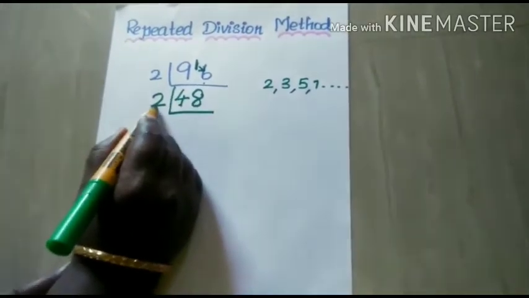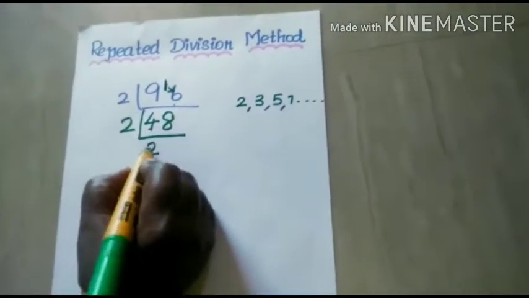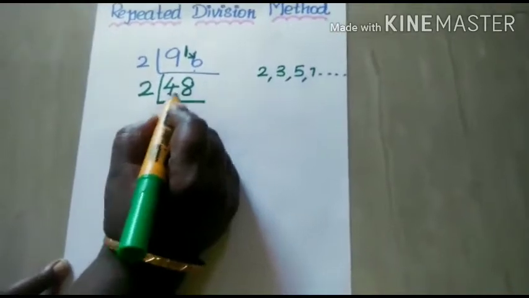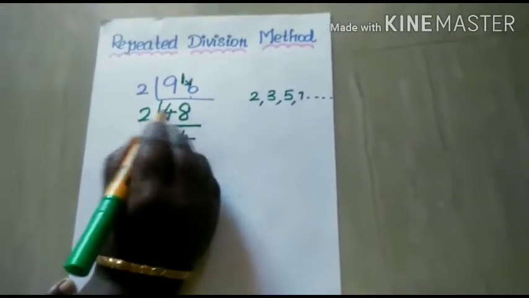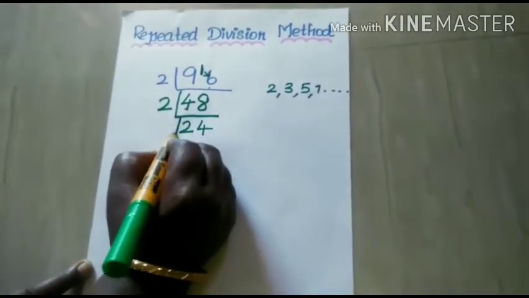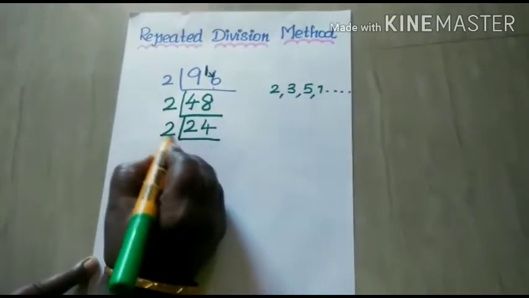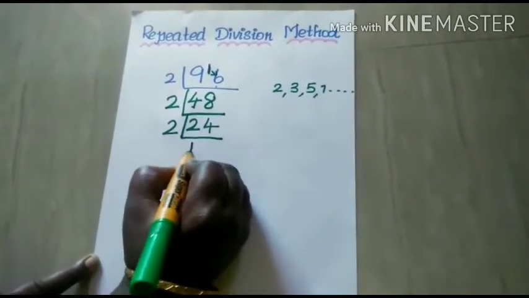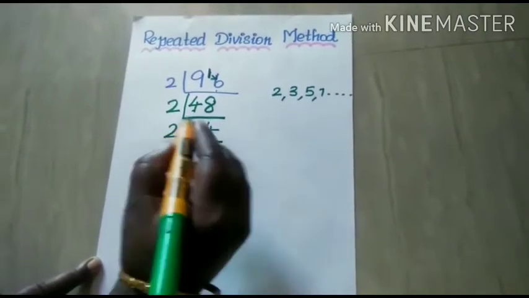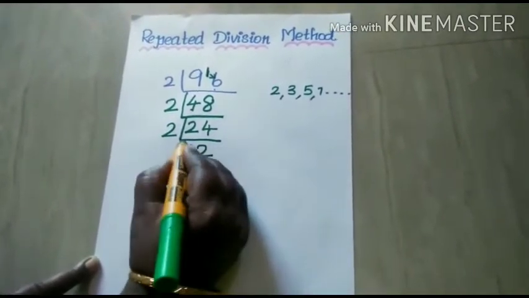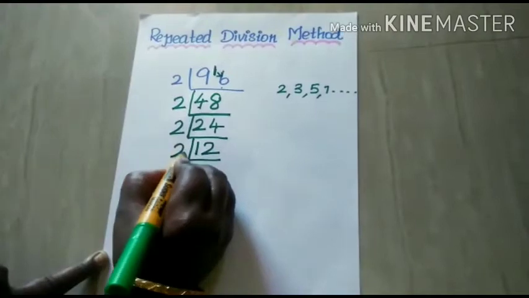Now 4 in 2 table how many times? 2 times. 2 2s are 4 and here 8. 4 2s are 8. And again I am going to use 2 since 4 is an even number. 2 in 2 table 1 time and 4 in 2 table 2 times. Now again I am going to use 2.